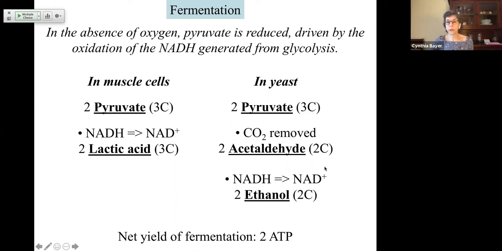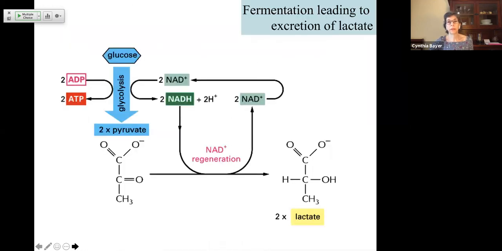That reduction, again, allows for the regeneration of the oxidized form, NAD+. As long as fermentation can continue, the removal of the pyruvate and the regeneration of the NAD+ electron acceptor, glycolysis can keep going, and every molecule of glucose generates a little bit of ATP. So let's look at each of those separately.